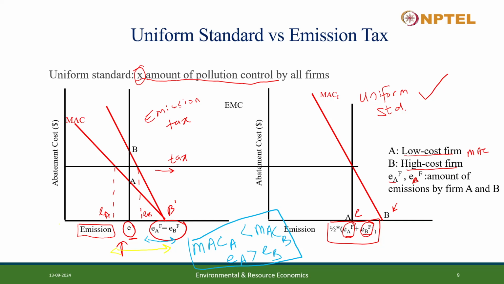However, in the uniform standard, both the firms have to abate equally, though we can see that firm B has higher cost of abatement compared to firm A. If we look into the economy, at this point and at this point, firm B has much higher cost of abatement compared to firm A. So we say that the uniform standard is economically inefficient because without looking into the marginal abatement cost, both the firms will abate equally. The more preferable way should be that firm A abates more than firm B.